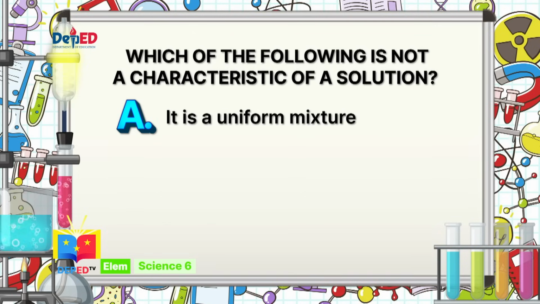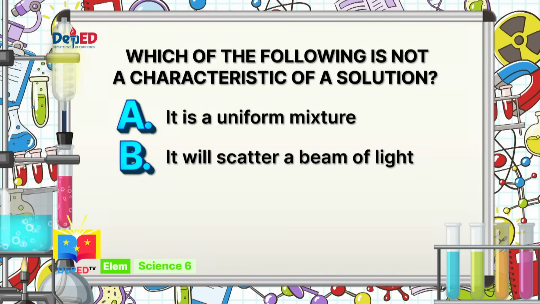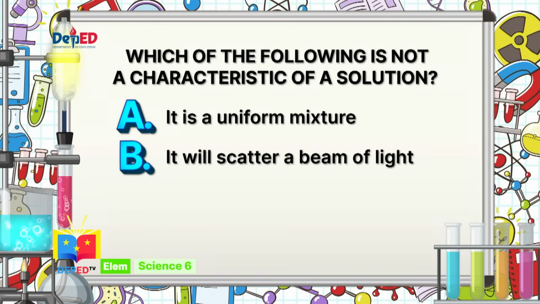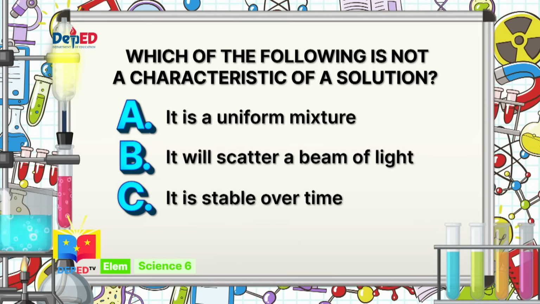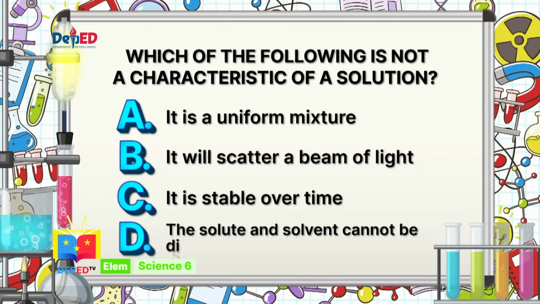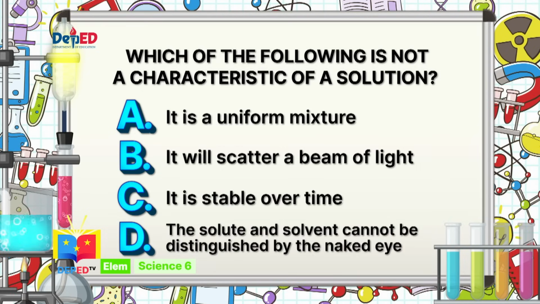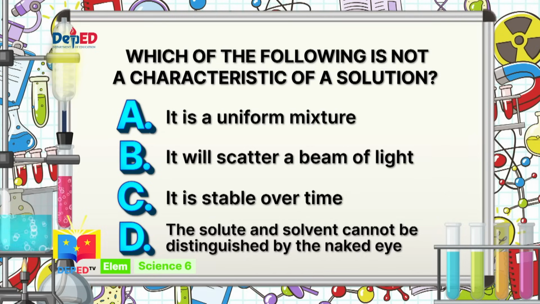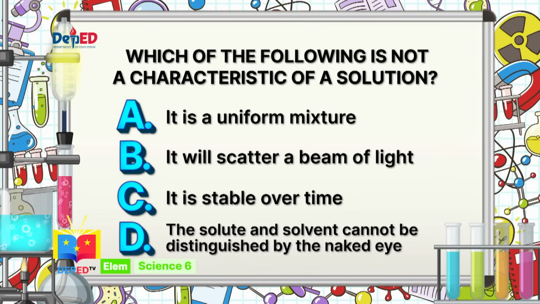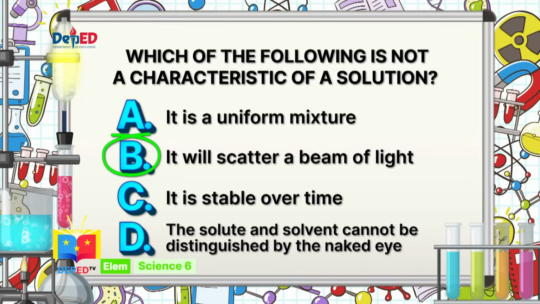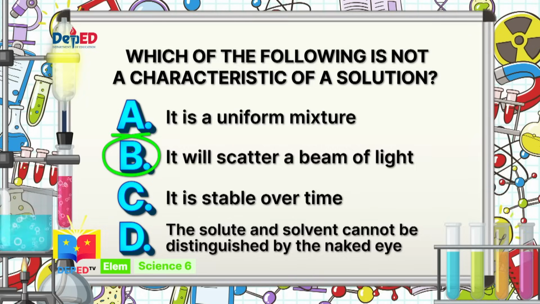A. It is a uniform mixture. B. It will scatter a beam of light. C. It is stable over time. Or D. The solute and solvent cannot be distinguished by the naked eye. The correct answer is B. It will scatter the beam of light.